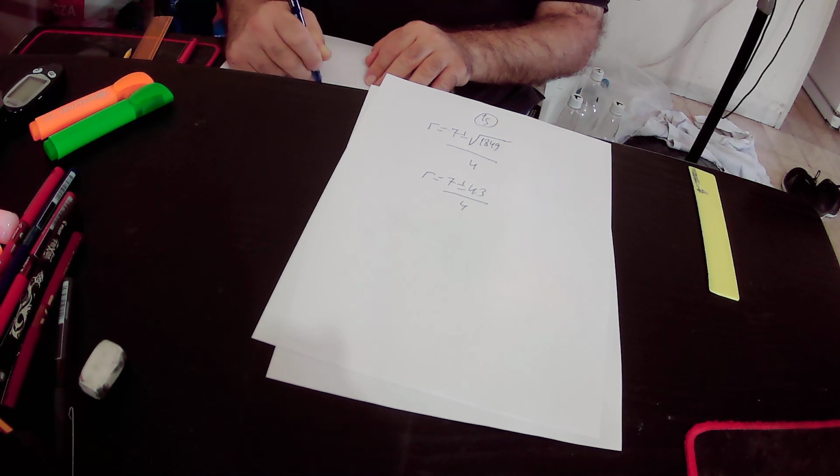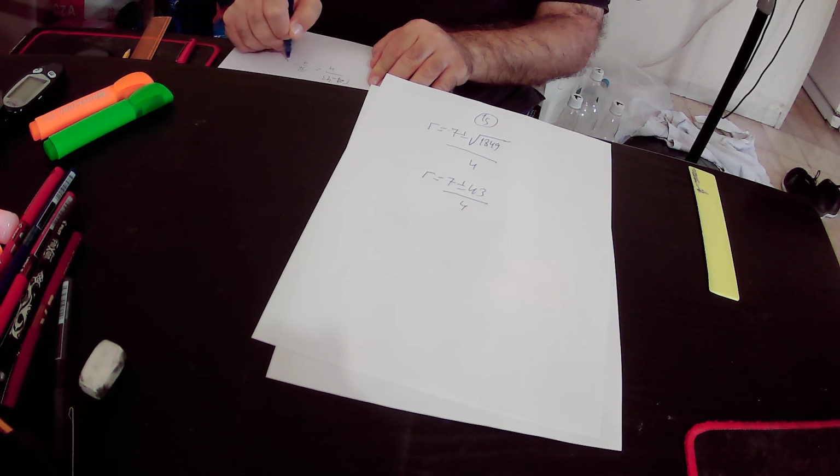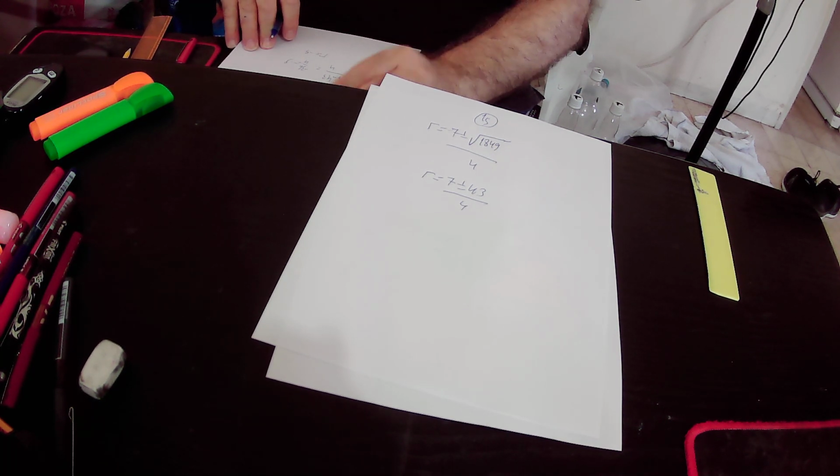The other possibility is that r equals 7 minus 43 over 4. 7 minus 43 is minus 36, over 4 is minus 9. So r equals minus 9 units according to the second solution.